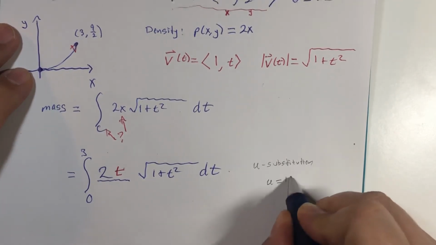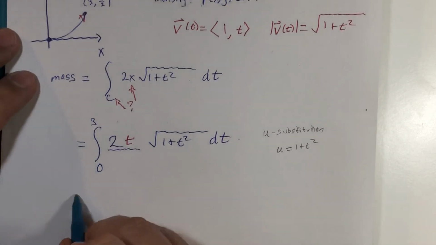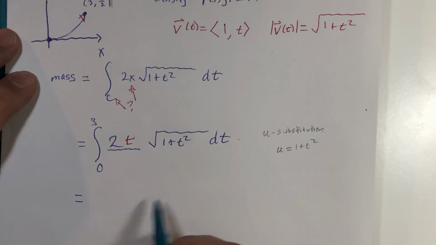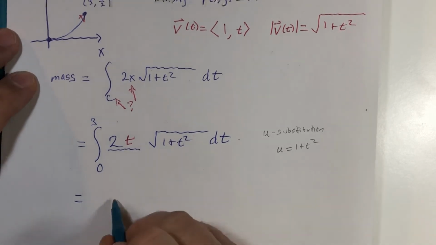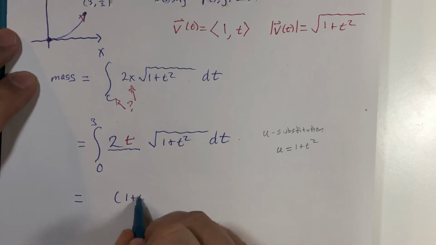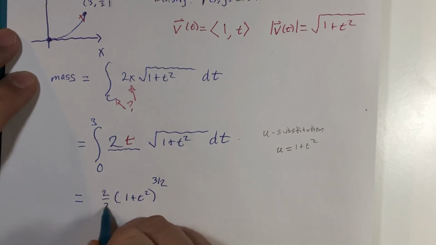Let u equal 1 plus t squared. And I think you're going to find that this one was clearly set up by somebody that was feeling in a generous mood. That is u. This is du. I end up with 1 plus t squared to the 3 power times 2/3.